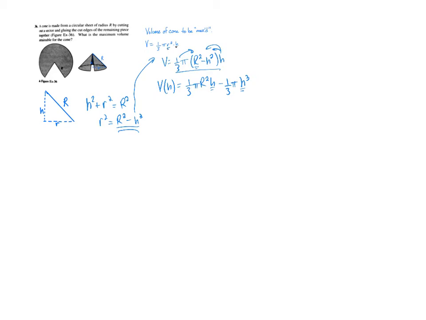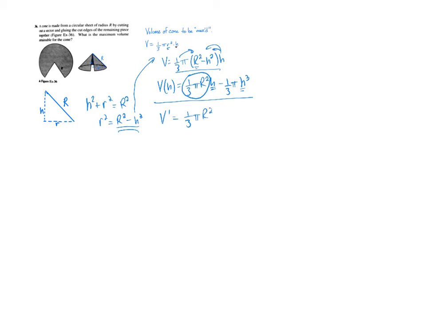Now, since we're trying to maximize this formula, we just need to take the derivative of it and set it equal to 0. So V prime, in terms of h: this entire term, that factor, is a constant being multiplied by one factor of h, so the derivative of the first term is just the constant, 1/3 pi R squared.